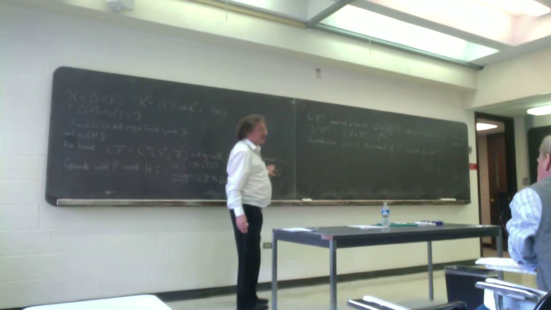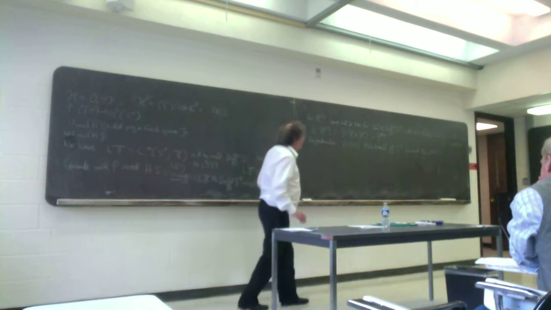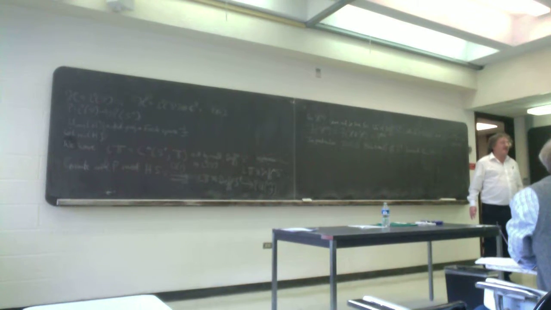What's easy to show, even I can do by hand, is that the topology is stronger than the uniform norm. It's not true for the loops. It's enough to have something like 2 plus.